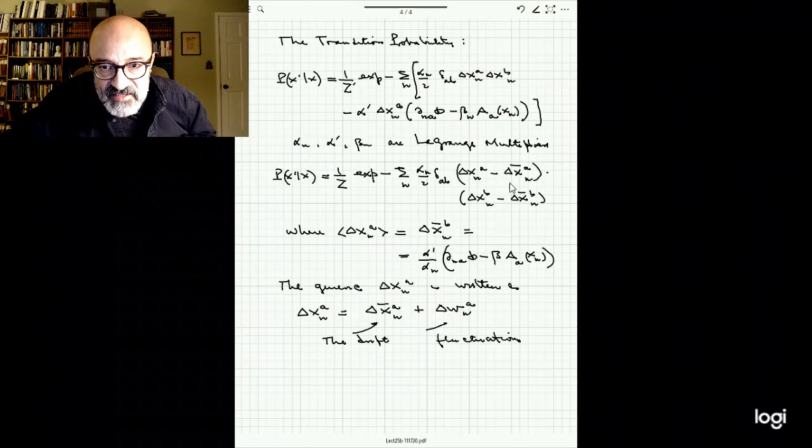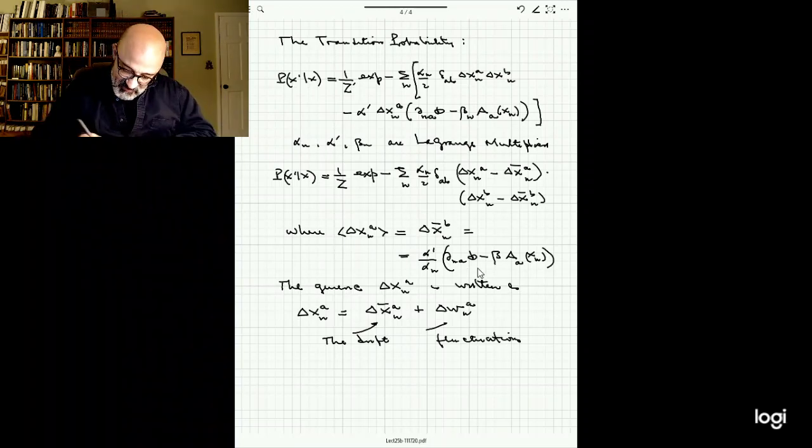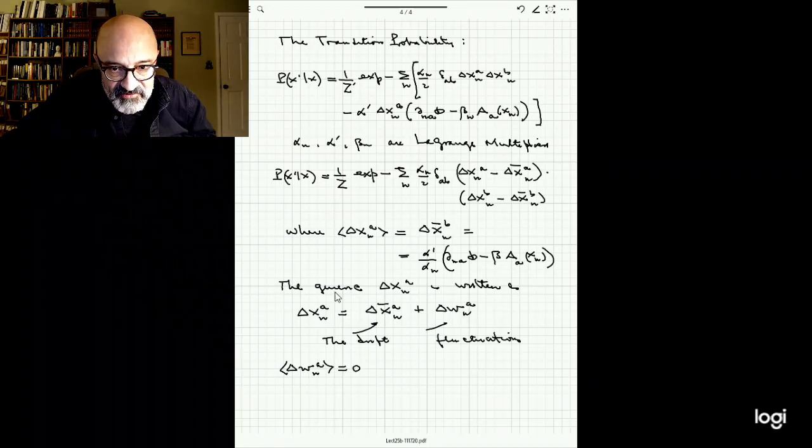You can see that the quantity that appears up here is this fluctuation. So what we have here is the exponential of minus alpha delta w squared. So it's typically a Gaussian in the fluctuations, where I already wrote down what the drift is, and the fluctuations have this property that the average fluctuation is going to be 0, and you can see that from here. If you take the average, this is a constant, so the average of the average is itself.